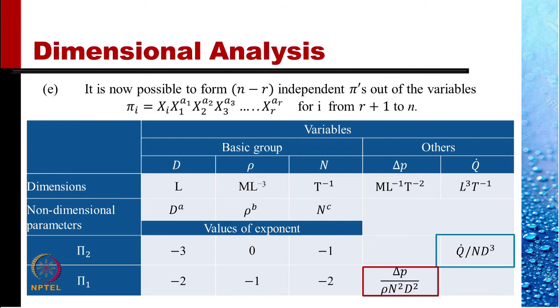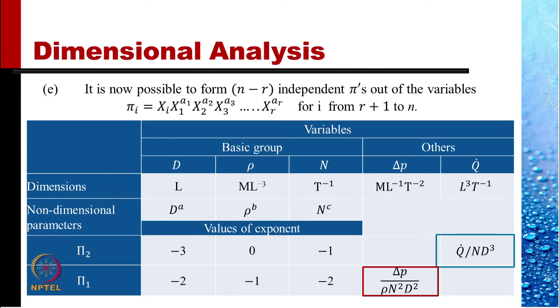We form a non-dimensional parameter as D raised to power A, rho raised to power B, N raised to power C, and choose A, B, and C such that they match up with the dimensions of delta P and Q dot. So we form 2 pi numbers.